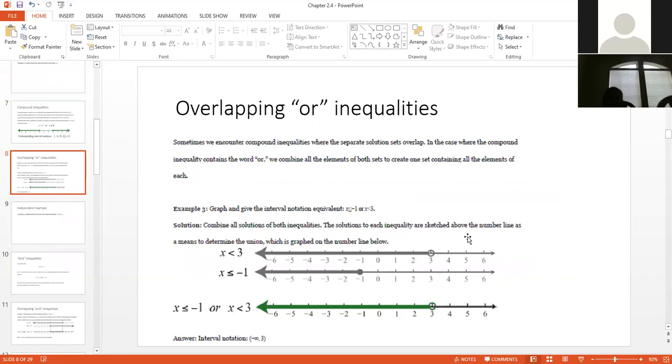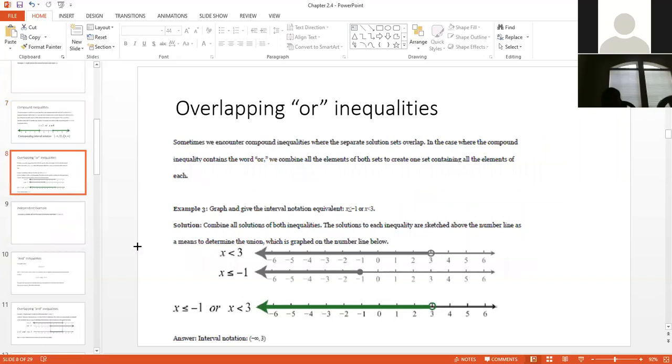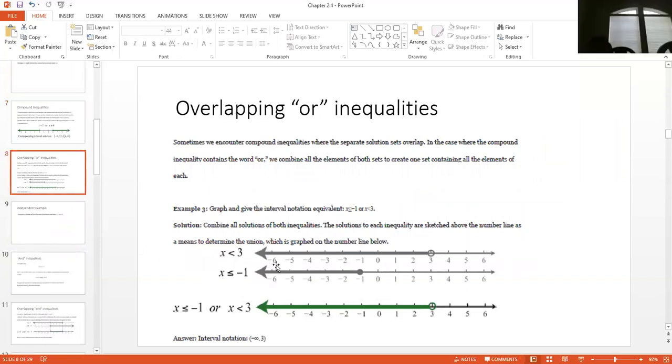Okay, so overlapping or inequalities. Sometimes you don't have something clean like this where the inequalities are separated by a space of a few numbers. Sometimes they overlap. So in this example, we have x is less than 3. They have an open circle, goes all the way to the left. And or x is less than or equal to -1.